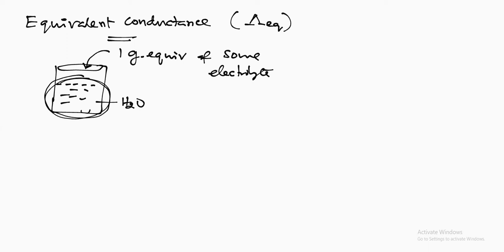So I can write equivalent conductance equal to total conductance. Student, you know very well, total conductance G equal to kappa into V, right?